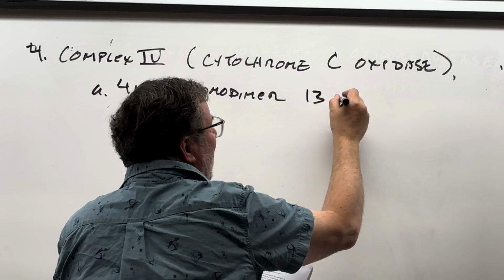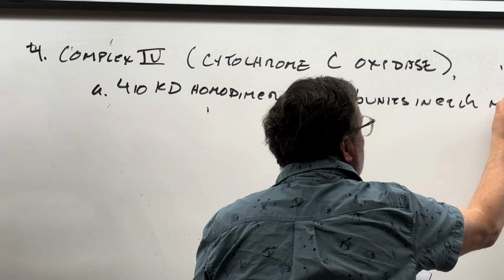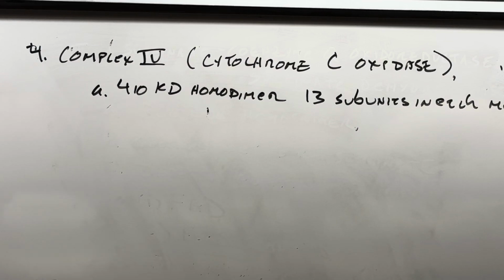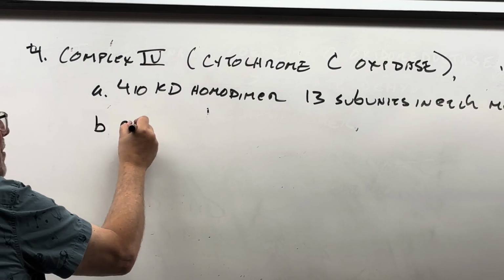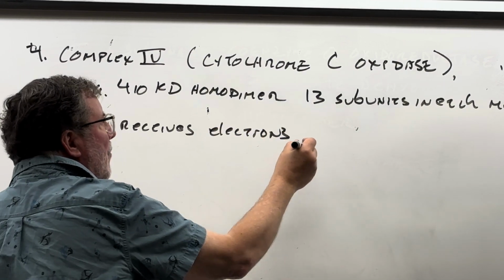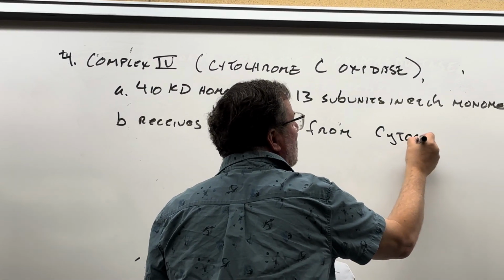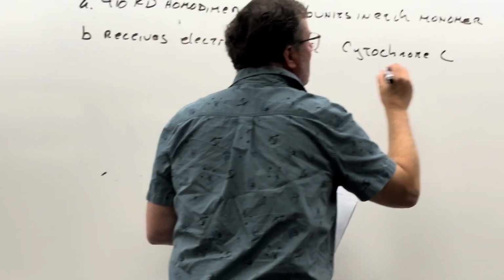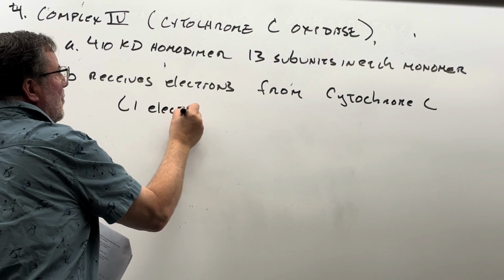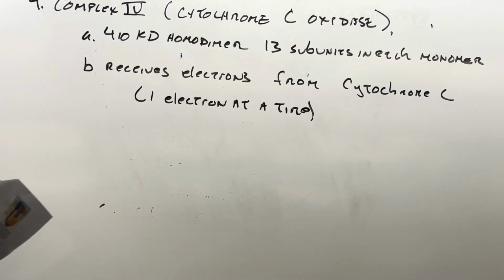Again, a complicated structure. So it receives the electrons from the cytochrome C protein, one electron at a time. Cytochrome C is a single electron carrier.